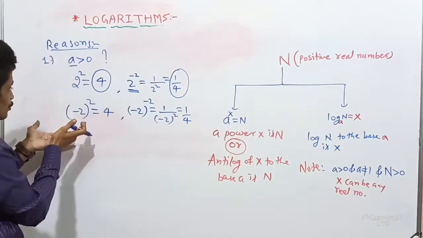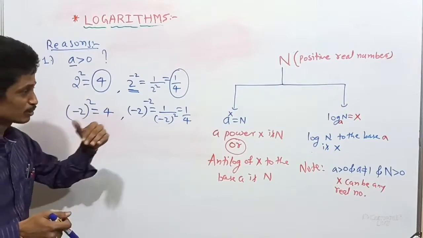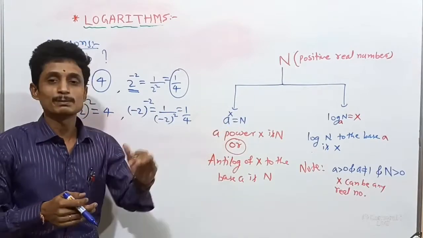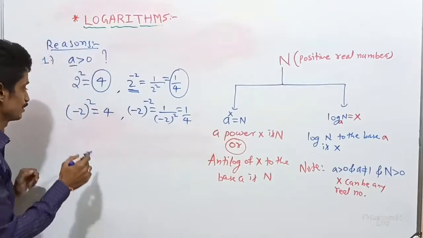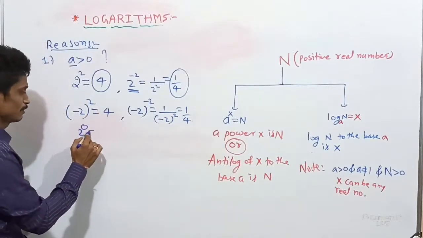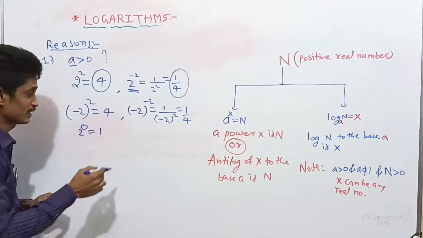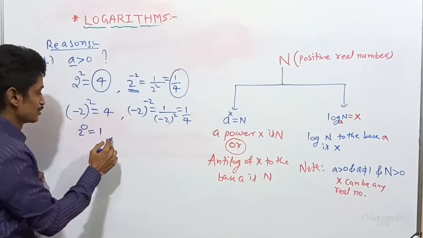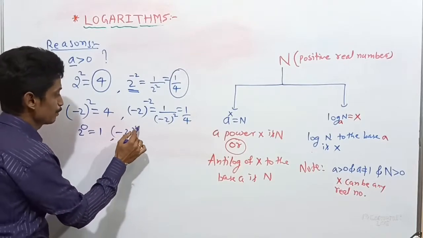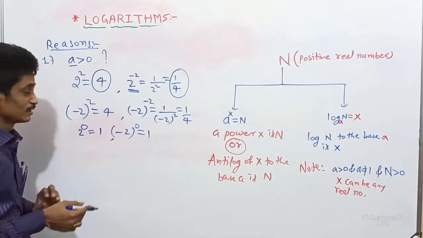It is possible, no sir, negative numbers also we are expressing in index form. Why have you restricted the base to be only positive? Yes. Now we should take another example. 2 power 0 is equal to 1, a positive quantity is defined, any number raised to 0 means the answer will be 1. So minus 2 whole power 0, then the answer is also defined.